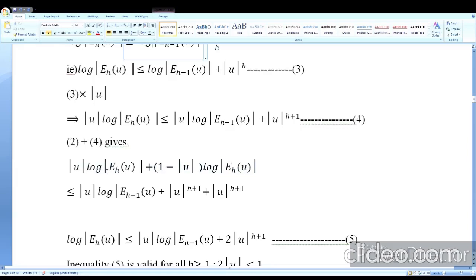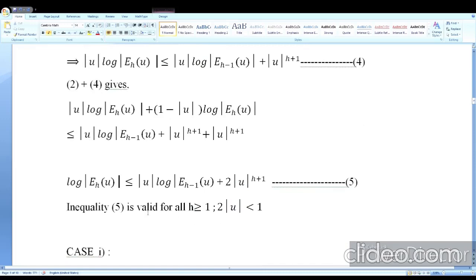So we get log modulus of E_h of u less than or equal to modulus of u into log E_(h minus 1) of u plus twice modulus of u power h plus 1. This we take as 5. And this is valid for all h greater than or equal to 1 and for all modulus of u less than 1.